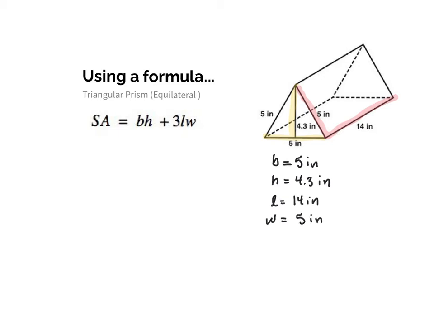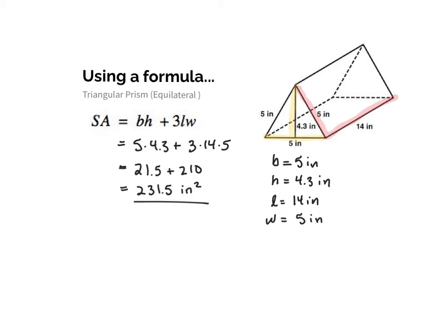It's the side length of the triangle. Let's sub those values into our formula. And solve. And we'll get the same answer of 231.5 square inches.